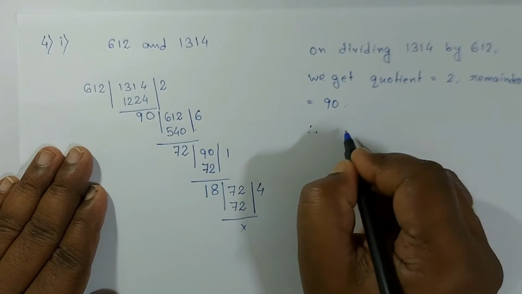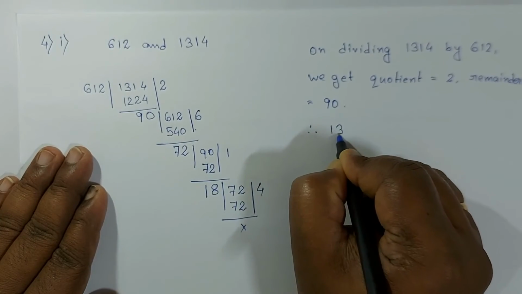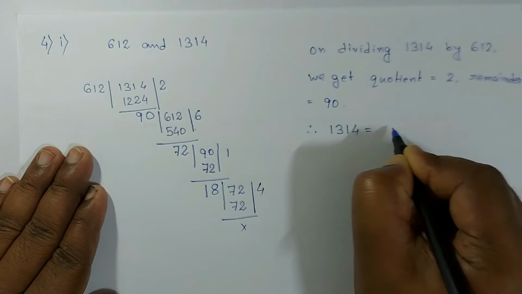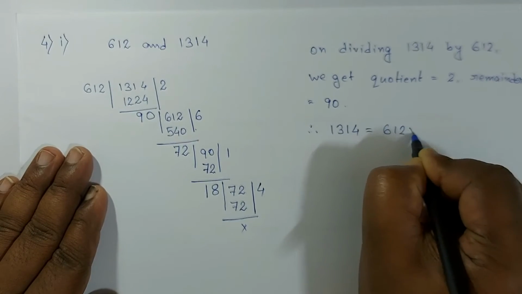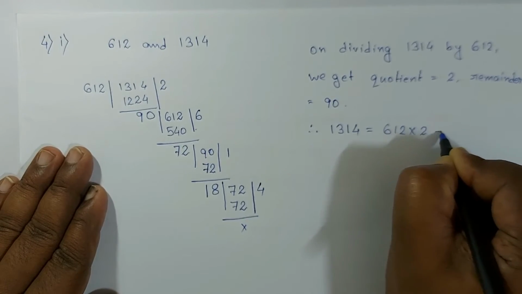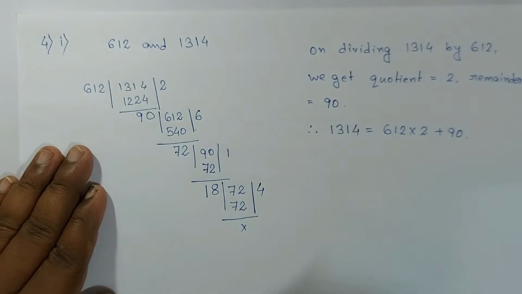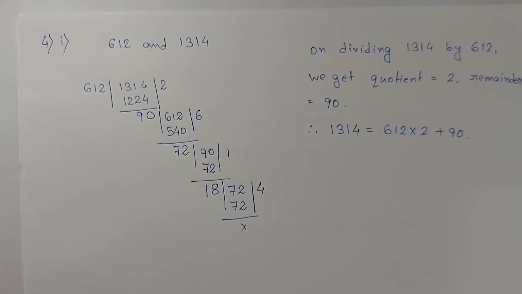So therefore 1314 equals 612 multiplied by 2 plus 90.